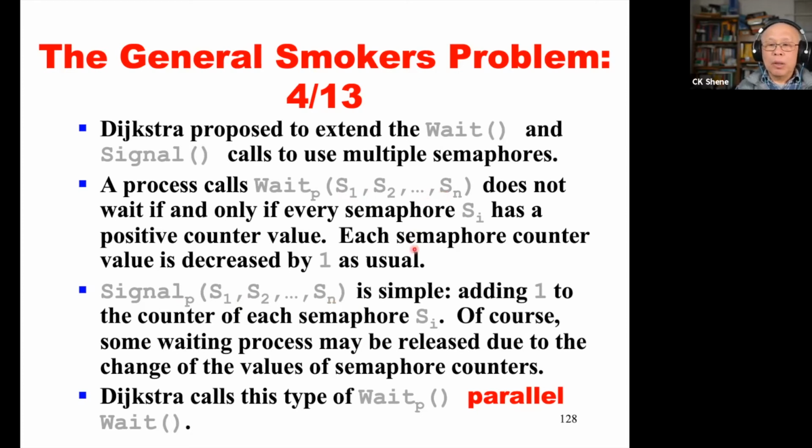The implementation is a bit more complex, but let me stop here because we'll talk about it later on, without digging into too much. So Dijkstra called this type of wait and signals parallel wait, but he still used sequential signal. Suppose you are going to do this, it is signalP S1, signalP S2, and so on.